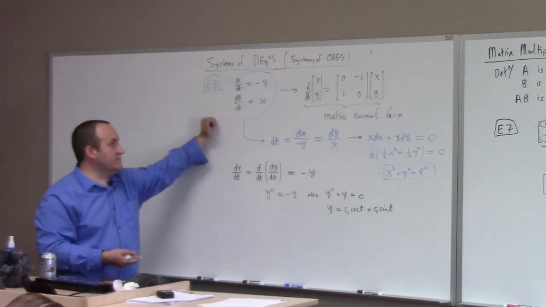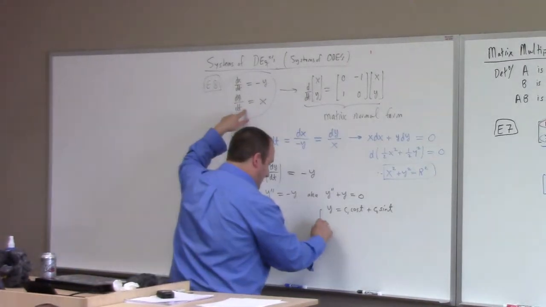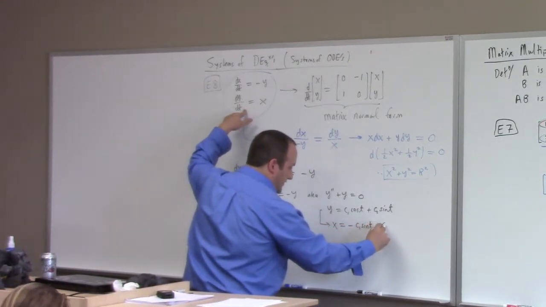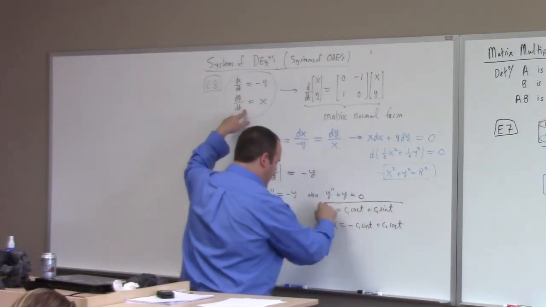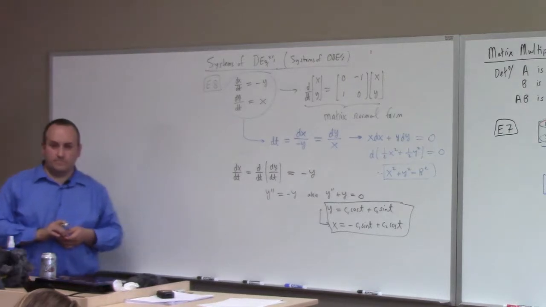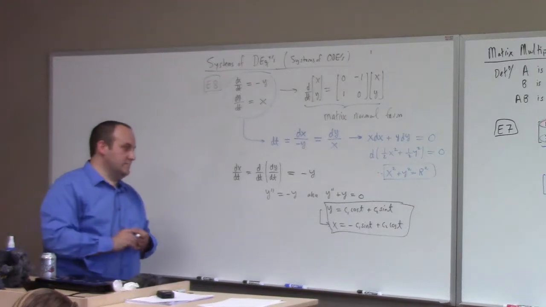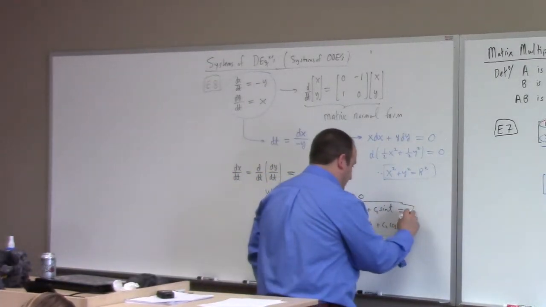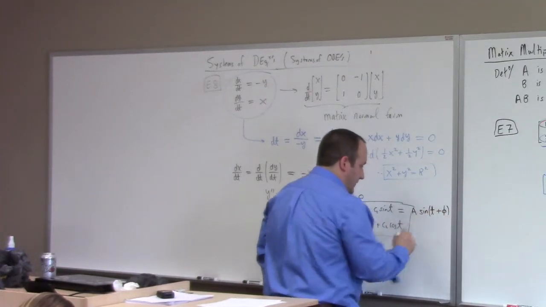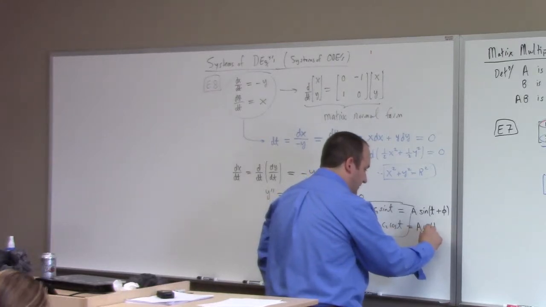And then what's x? Well, that's easy. x is dy/dt, so I just differentiate that. And x is equal to minus c1 sine t plus c2 cosine t. And there you go. There's our honest to goodness solution. It may not be quite as obvious that those are circles, though, huh? I mean, you could repackage this as y equals a sine of t plus a phase angle phi, and then x would be a cosine of t plus a phase angle.